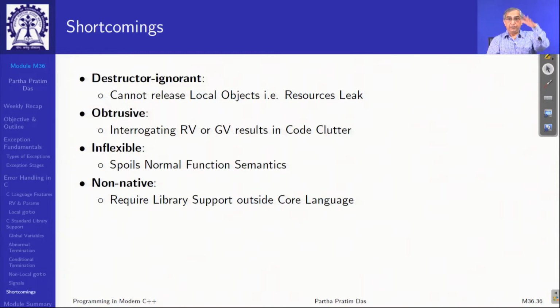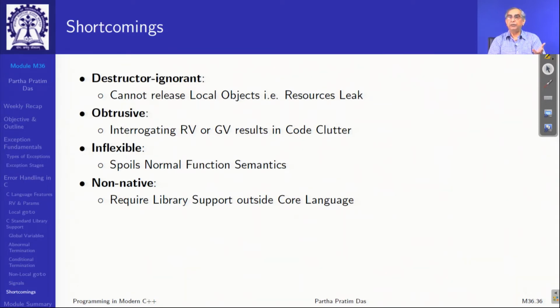So, we have seen a number of C mechanisms, and they help you in error handling, and that is how the C programmers survive. But certainly they have a lot of shortcomings. They are destructor ignorant, they will not destroy the objects when long jump is going out of scope. They are obtrusive, that is they are mixing up with your normal logic, as we have seen in the return value mechanism or in the global variable mechanism.